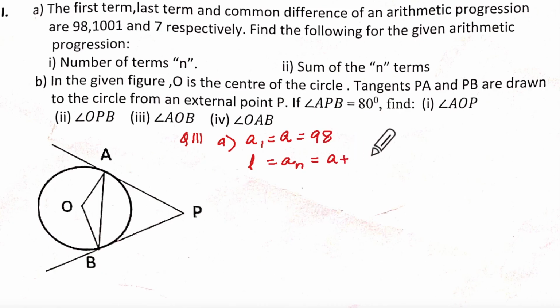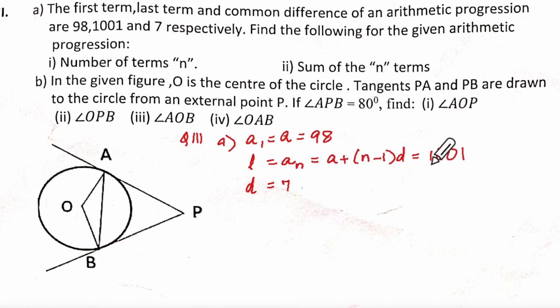So A plus N minus 1 into D, and this is 1001. And the common difference D is given as 7. Correct? Find the following.